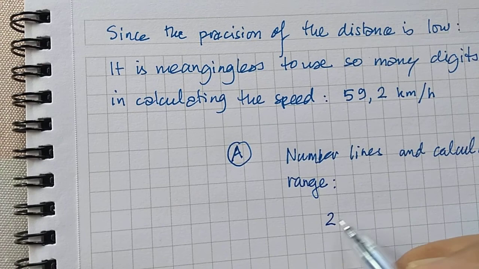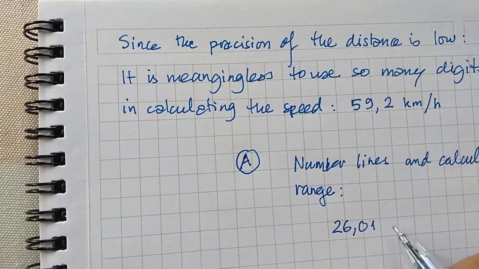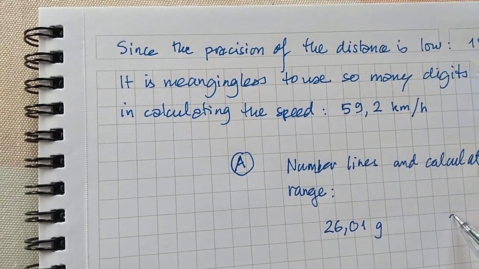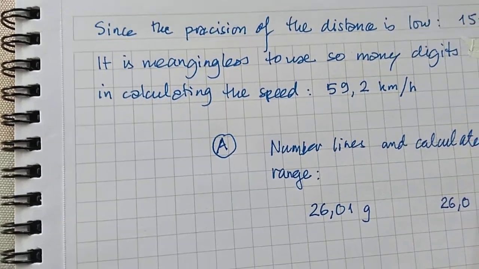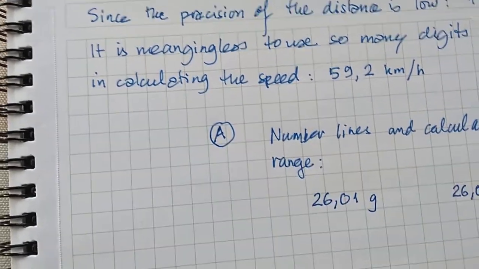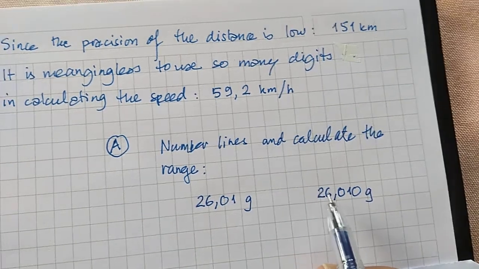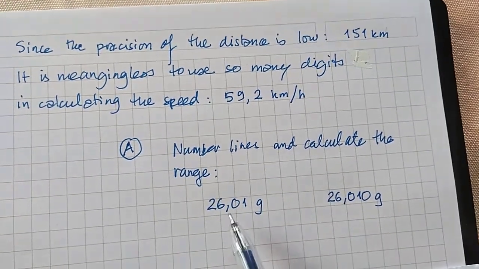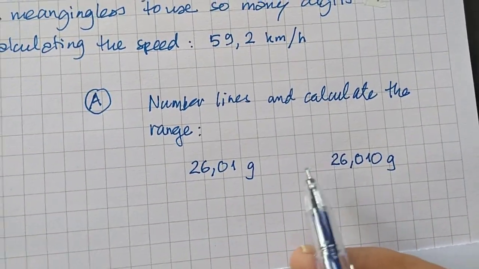Let's say one is 26.01 grams and the other one is 26.010 grams. So these are two numbers. This one is more precise than this, even though both numbers are the same as far as calculations are concerned.